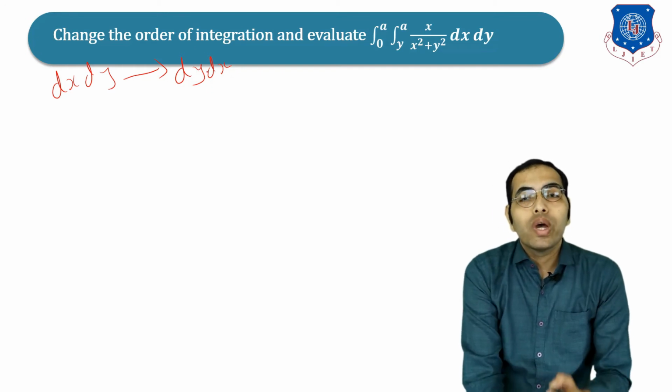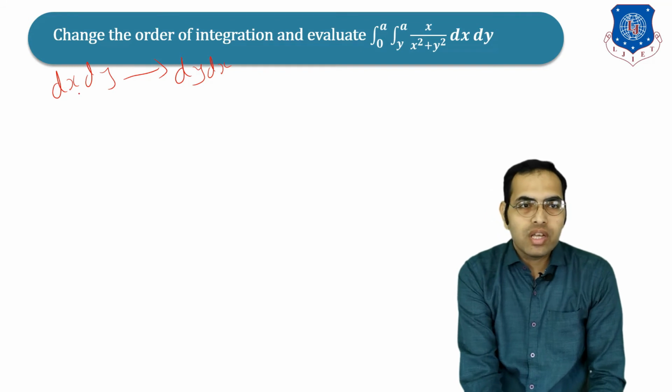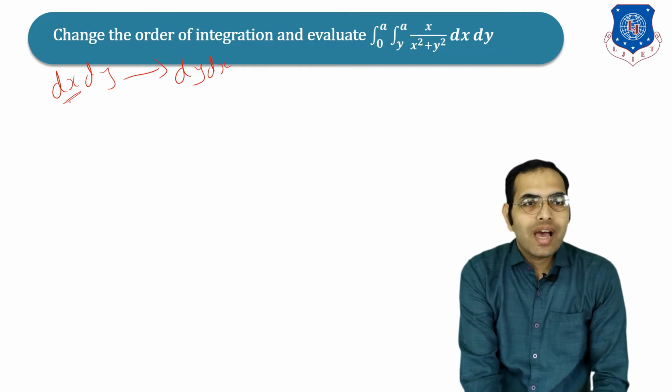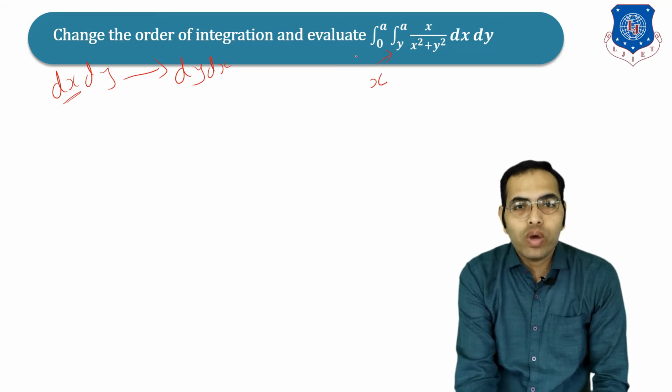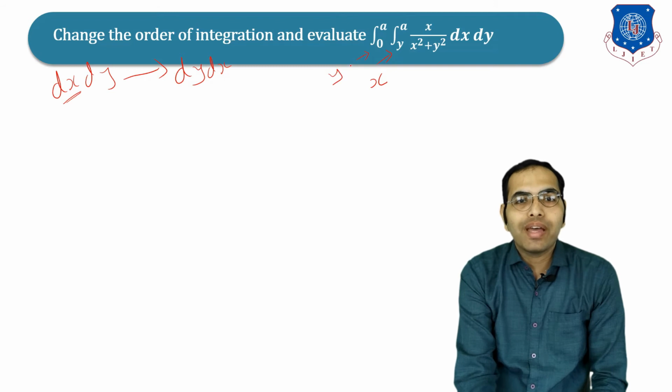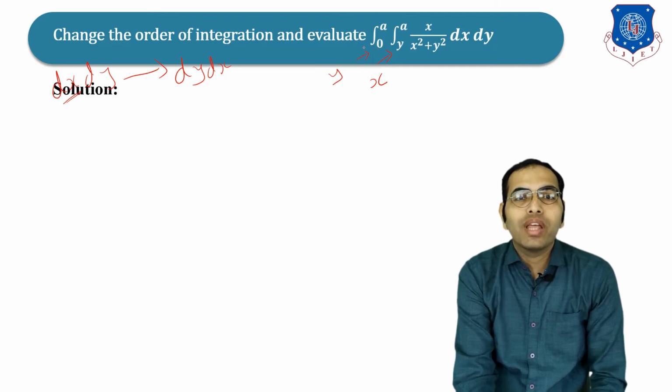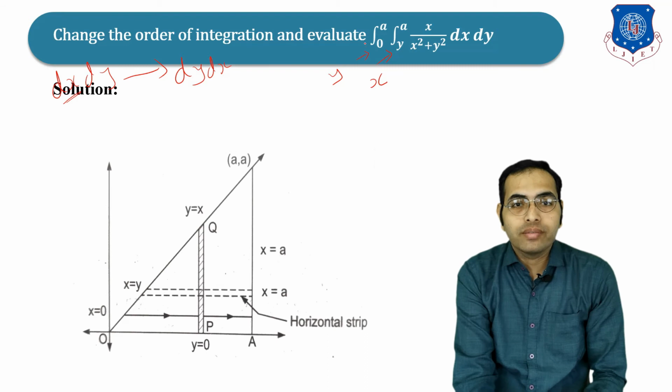In our question, dx means the inner limit, indicated by x, where x varies from y to a, and the outer limit is indicated by y, where y varies from 0 to a.